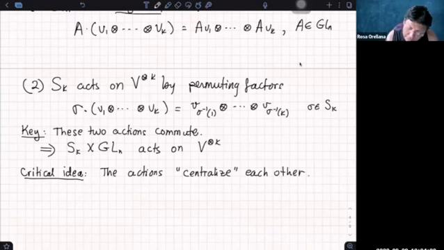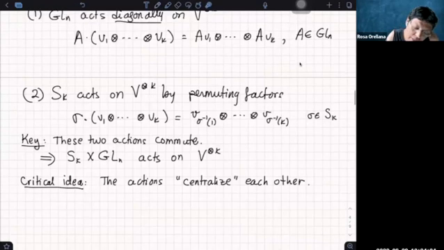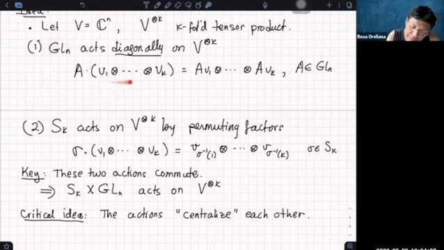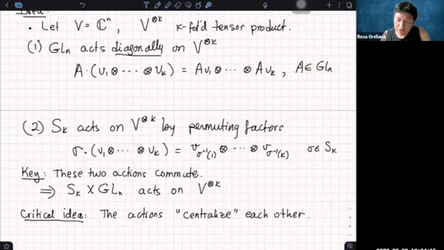When you have an action, that gives you a set of linear transformations, one for each element that acts. If you ask what the linear transformations are that commute with all of those, then the answer is the linear transformations that you get from the action of SK.